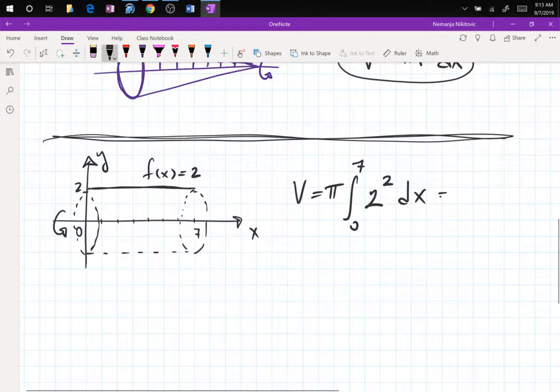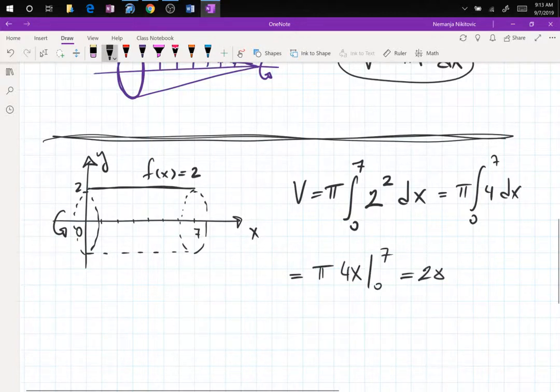So we are integrating pi, we integrate 4 dx from 0 to 7. So you get 4x, so pi 4x from 0 to 7, and you should get 28 pi, right?